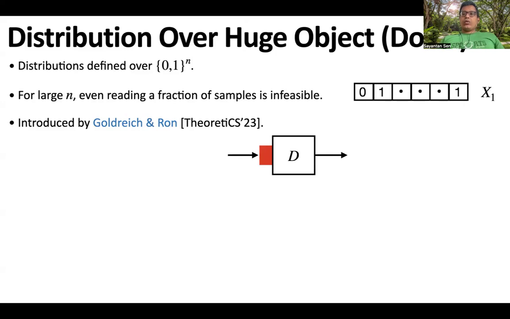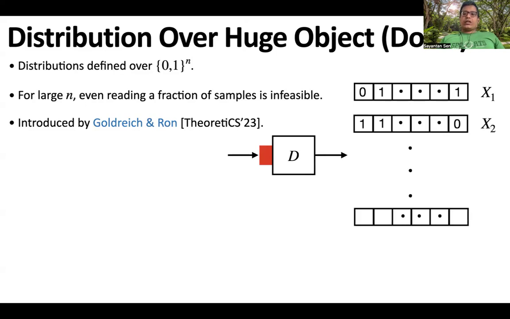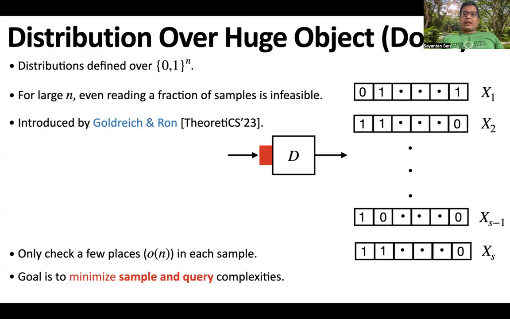For example, we can query the first, second, and last bits of the first sample, and so on and so forth. So in this model, our primary goal is to design algorithms that query each sample only at a few places. And the goal is to minimize the total number of samples as well as the total number of queries performed in an algorithm.